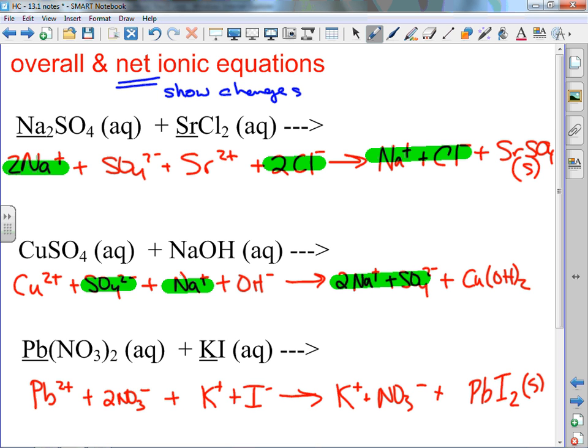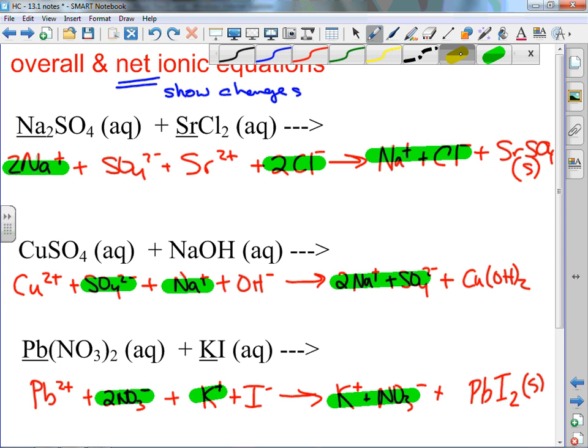We still have sodium and sulfate ions. We have nitrate ions and potassium ions. And we still have potassium and nitrate. So those have not changed. That's a net zero. What has changed are the other components.